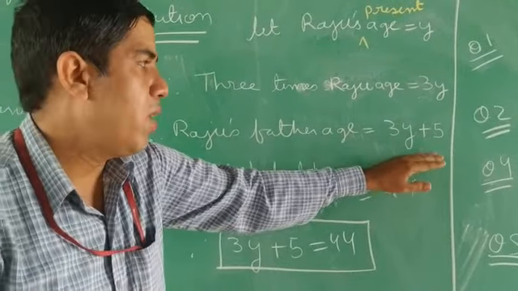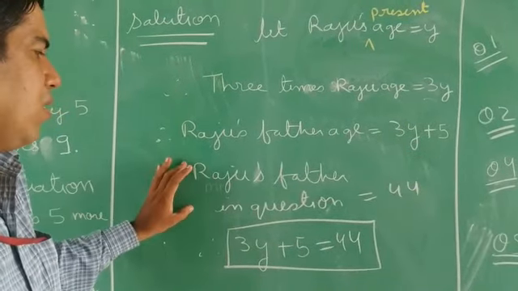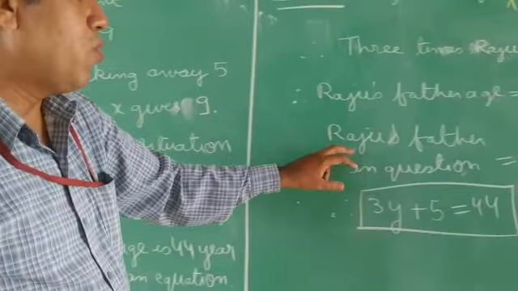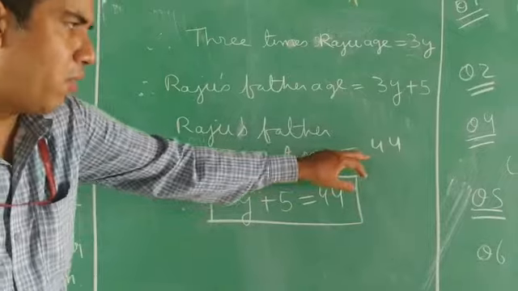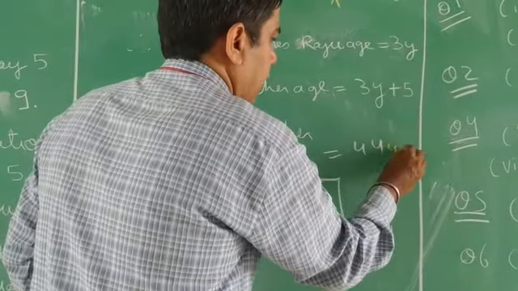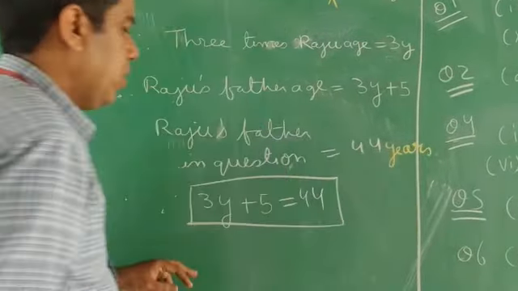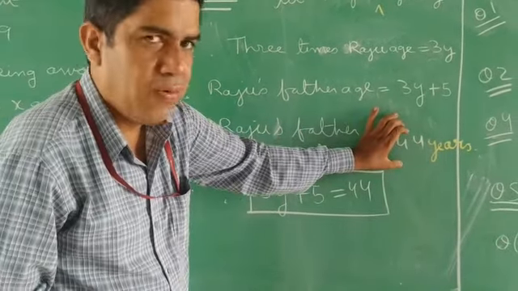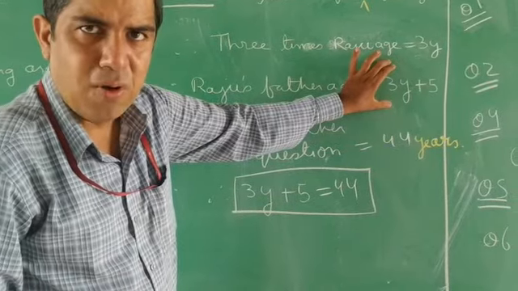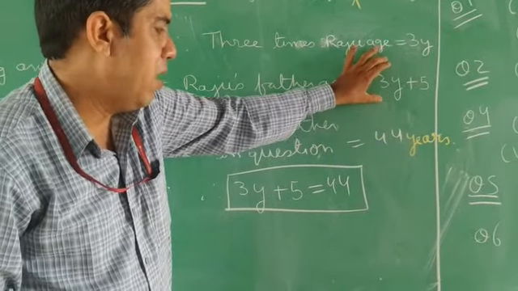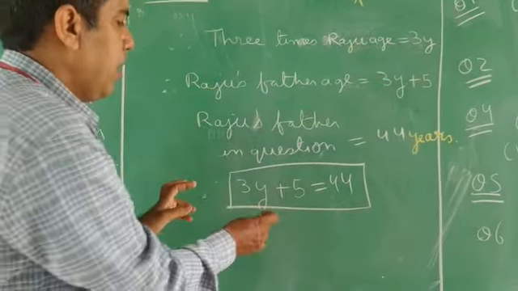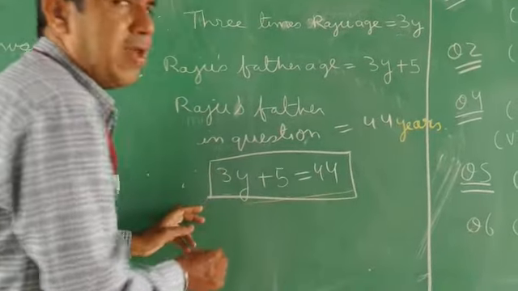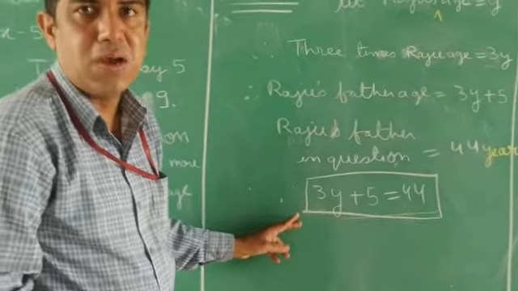The age given in the question for Raju's father is 44 years. So what will the equation be? This is the information given in the question, and this is the expression we form. When we equate the expression, it becomes an equation. So 3y plus 5 equal to 44 is an equation on the basis of this given condition.